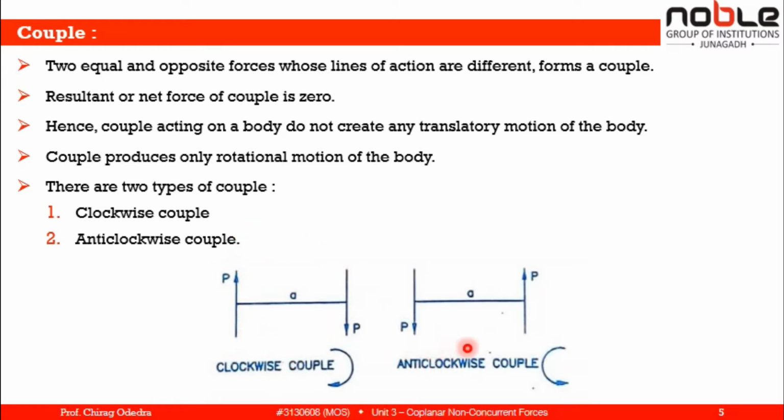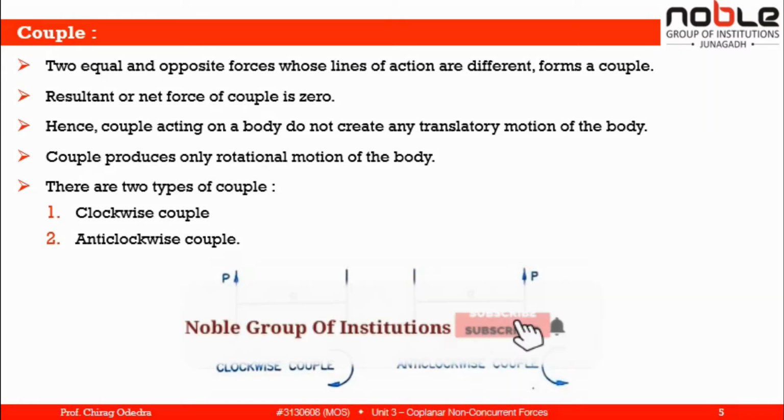And if we are talking about this, this is upward force, this is downward force. So according to the definition, two equal and opposite forces, these are P and these are P, so both are equal, and the directions of the two forces are different, that is upward and downward. So these forces rotate the body in anti-clockwise direction.